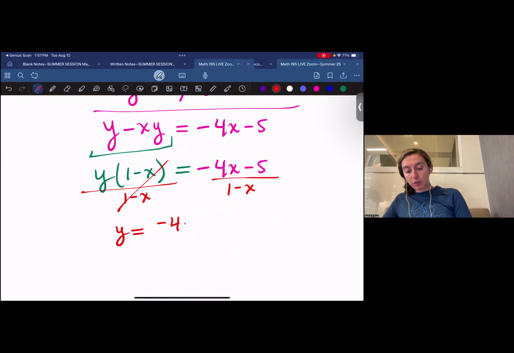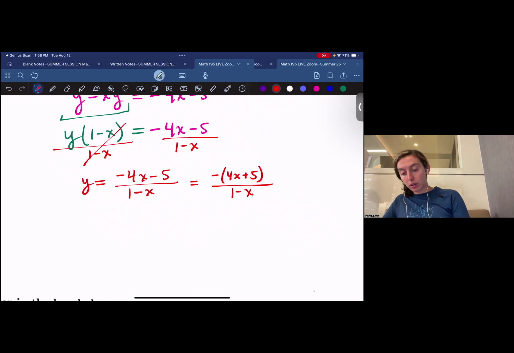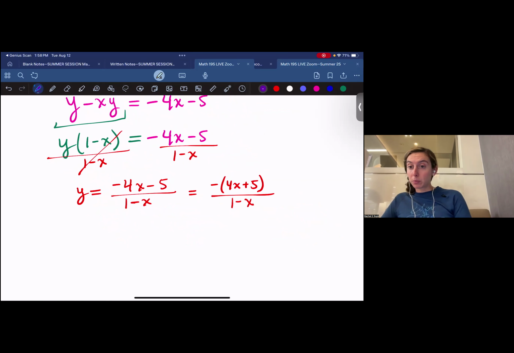So our final result, you can write this a few ways if you wanted to factor out a negative from the numerator. You could have that 4x plus 5 in parentheses. But either of these would work. You really want to make sure that you put it into proper inverse function notation.